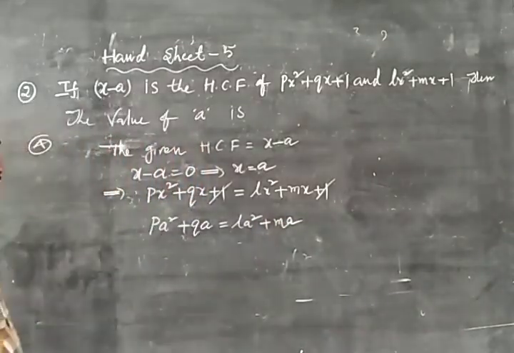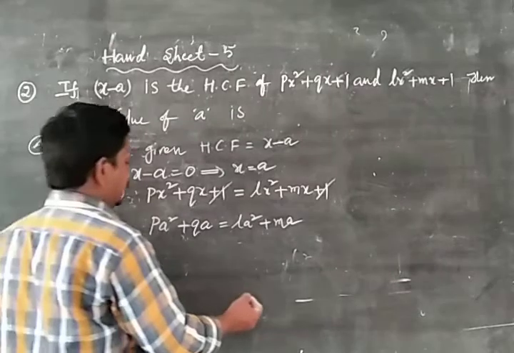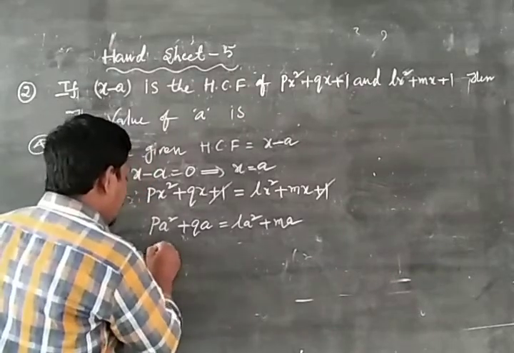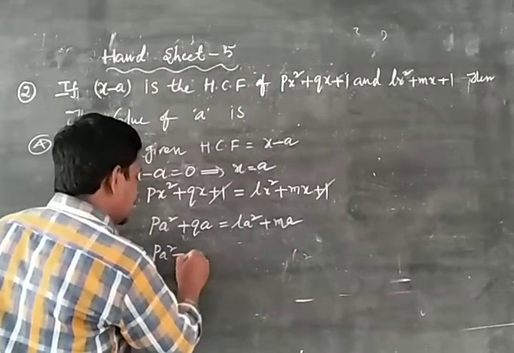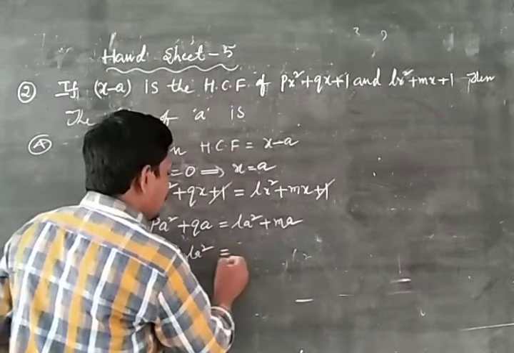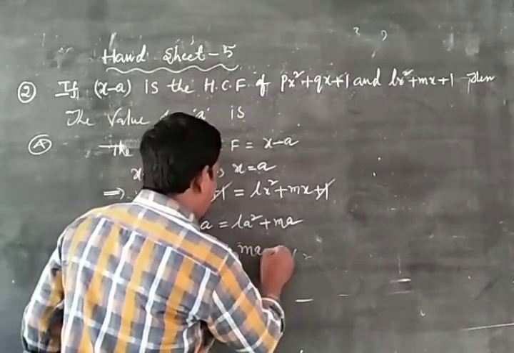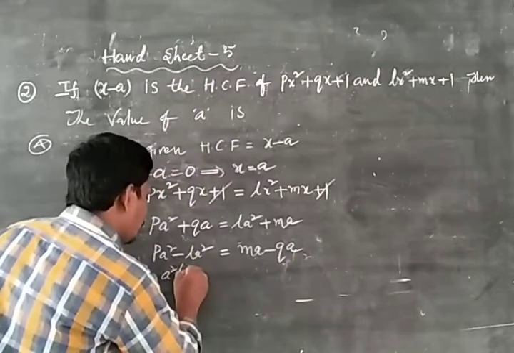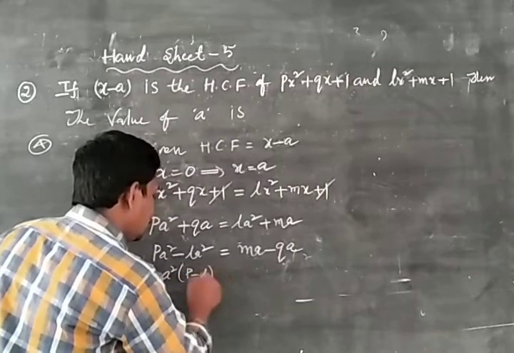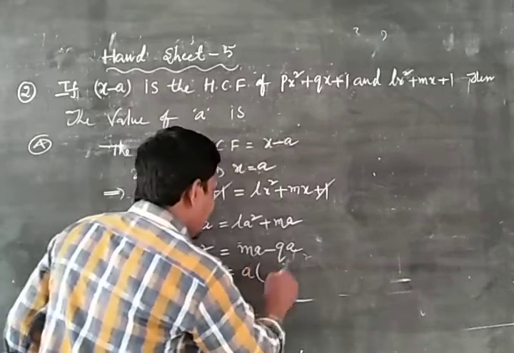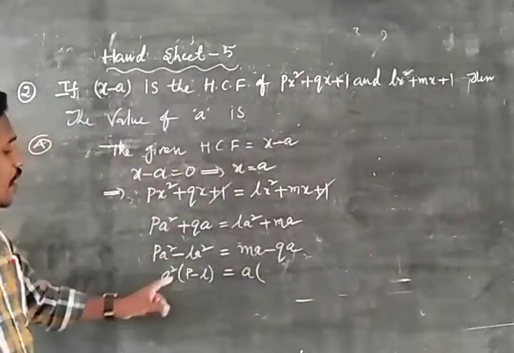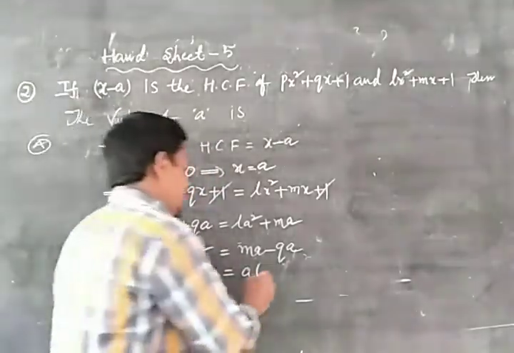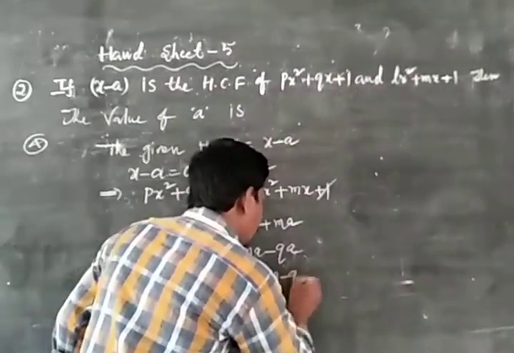Then pa square minus la square equal to ma minus qa. Here a square is common, and a is common on the other side: a square into p minus l equal to a into m minus q.